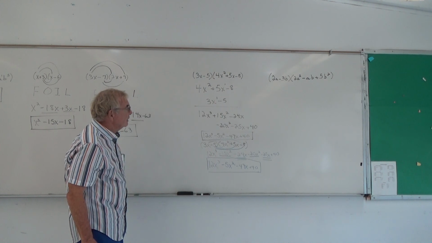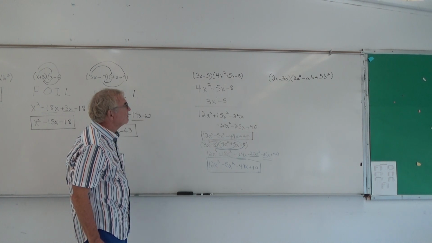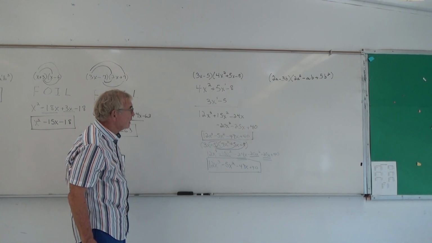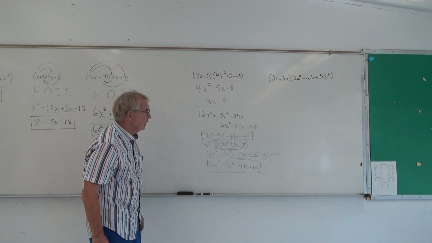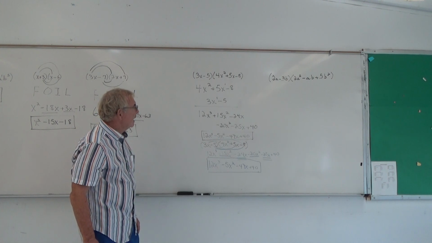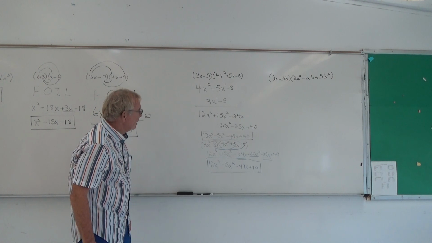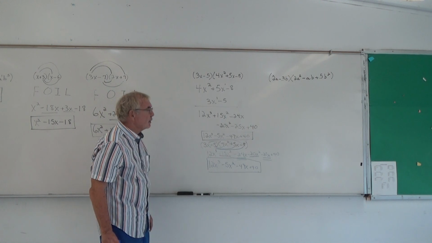Now, I'm going to erase this one to show you the last one, which is the same concept. 2 terms times 3, but there's 2 variables. Okay? Now, to save our time, I don't want to make this too drawn out.